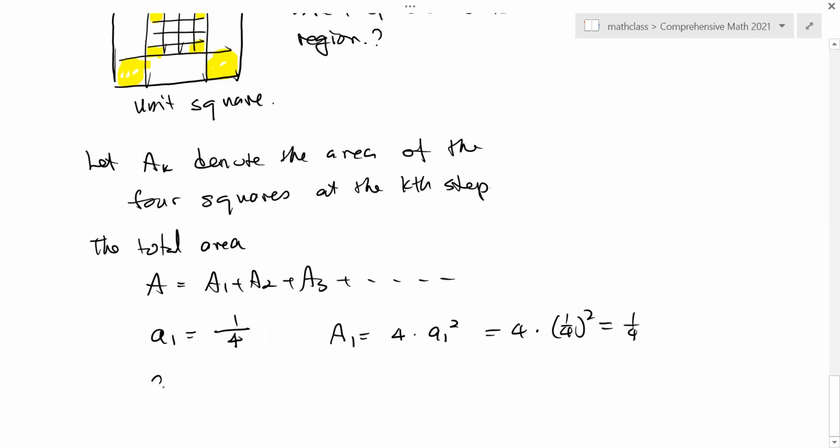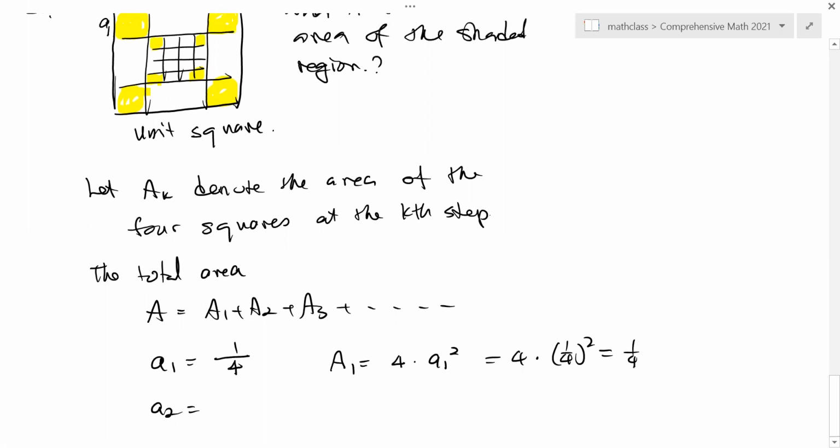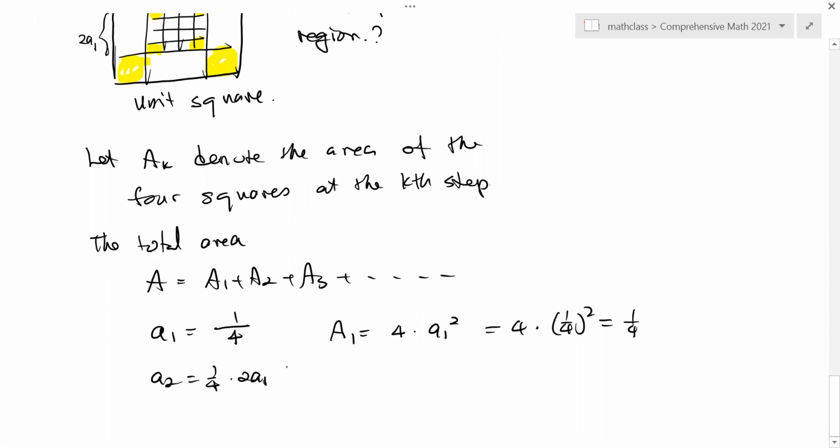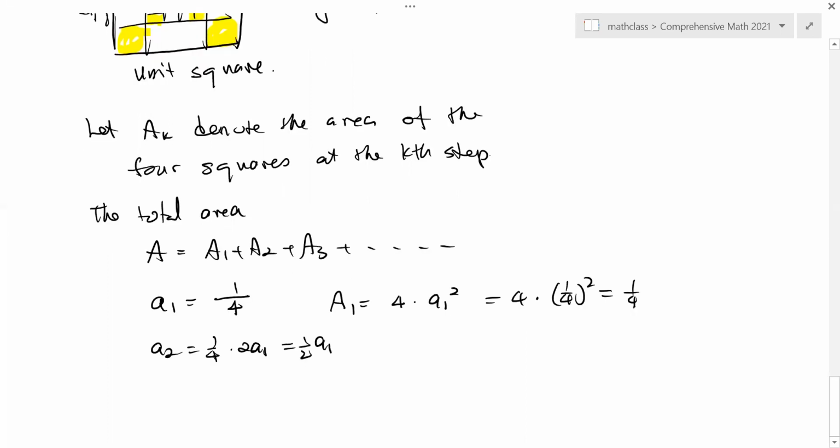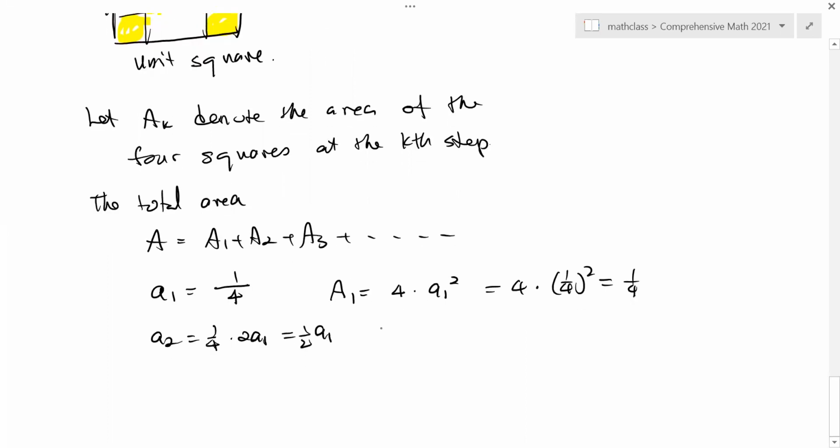So A2 is going to be a quarter of 2A1, then you divide by 4, and that is going to be half of A1. Be careful. So the area is 4 times A2 squared.